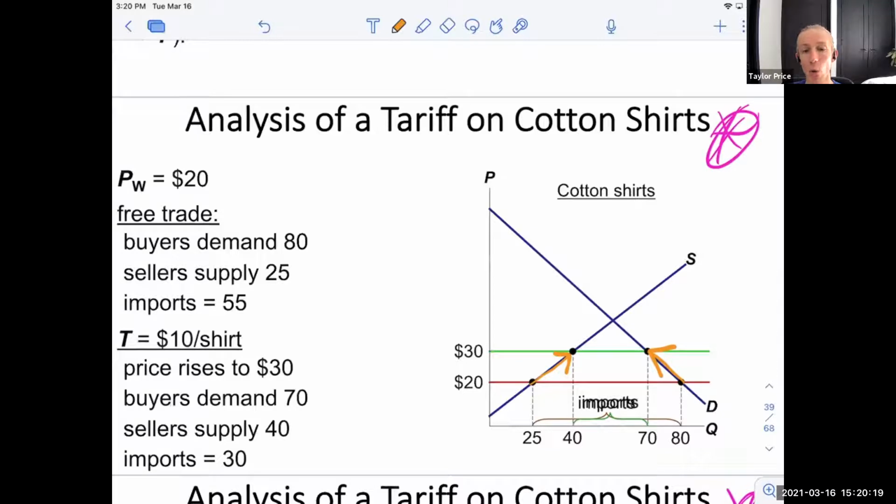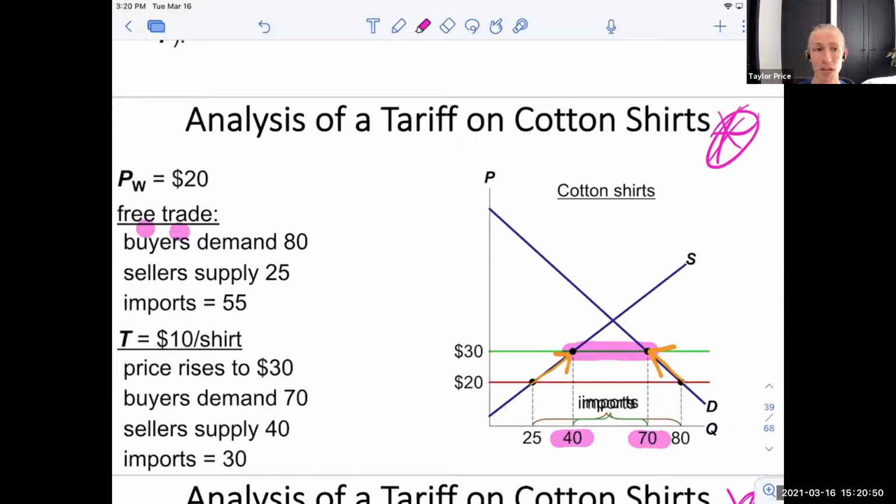So now what that means is that this difference is going to be the amount of imports after the tariff. That difference is basically just going to be, in this case, 30, so the difference between 40 and 70. Notice before, in our example where we had free trade, there were 55 imports of t-shirts.